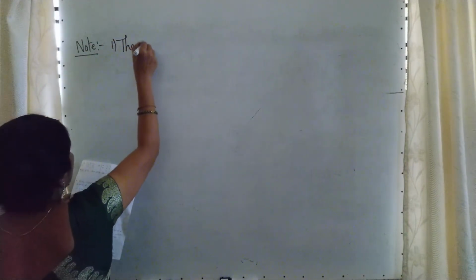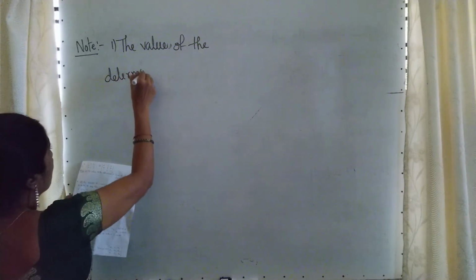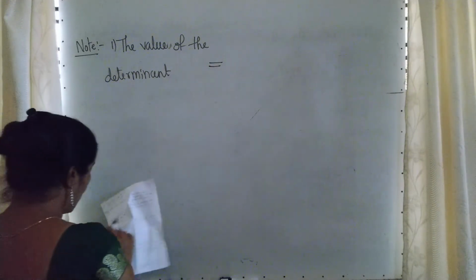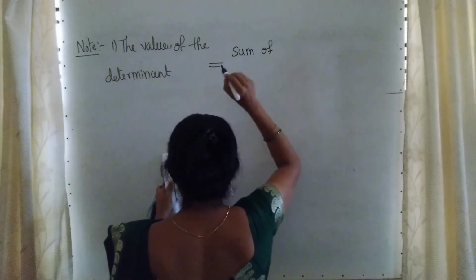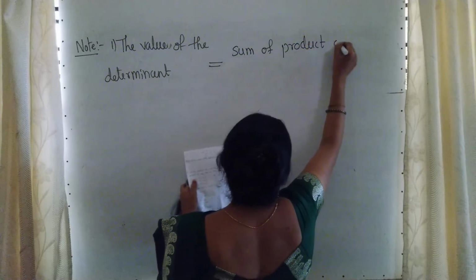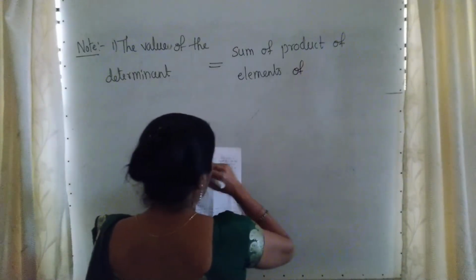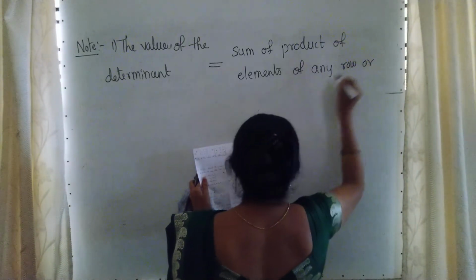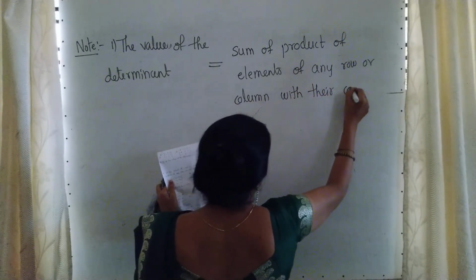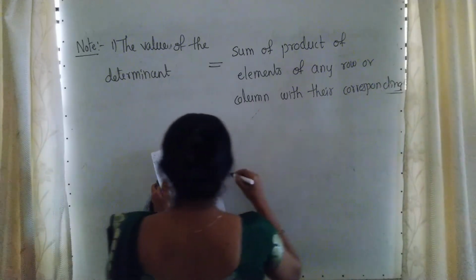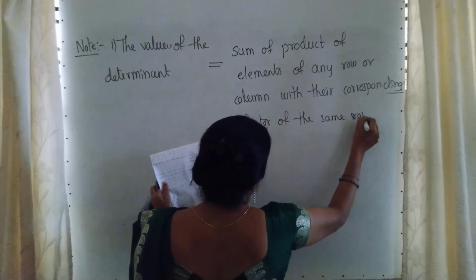First one, the value of the determinant is equal to the sum of the product of elements of any row or column with their corresponding cofactors of the same row or column.